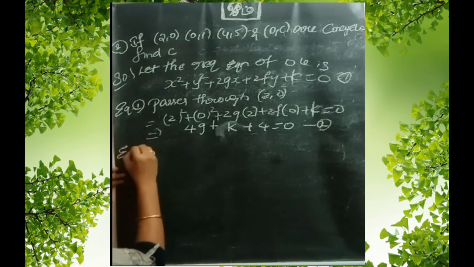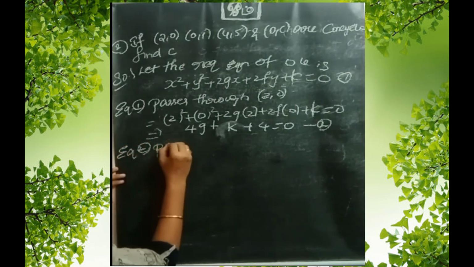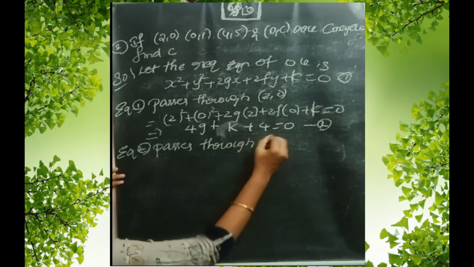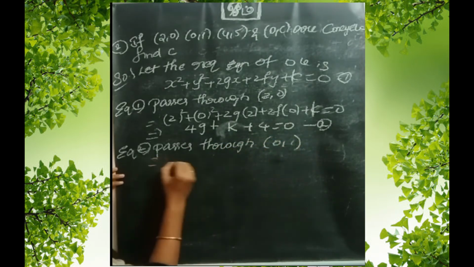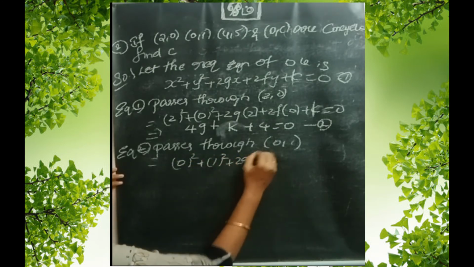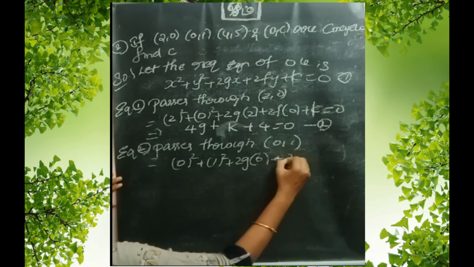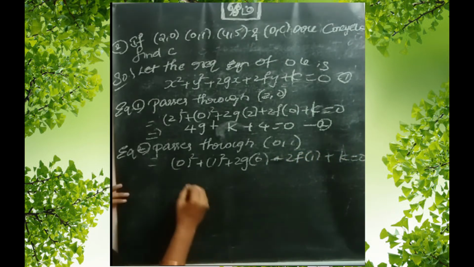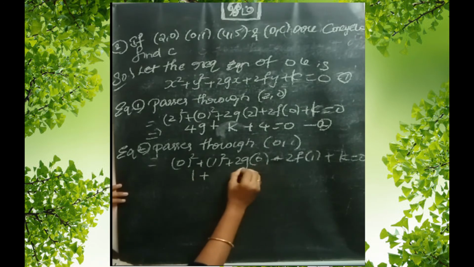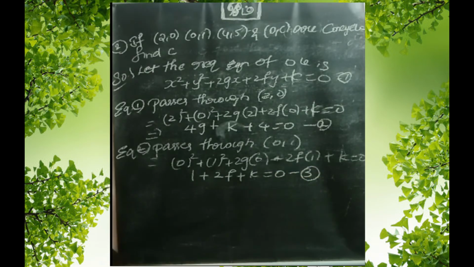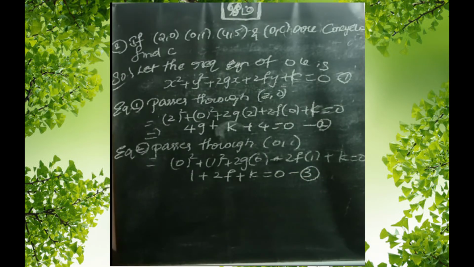Now equation 1 passes through which point? Here 0, 1, the second point. So 0 whole square plus 1 whole square plus 2g of 0 plus 2f of 1 plus k equals 0. 1 plus, here 0 will be there, and 2f plus k plus 1 equals 0, which is our third equation.